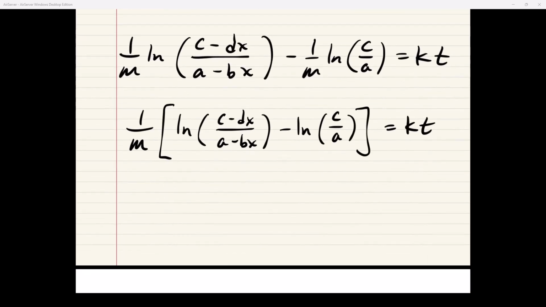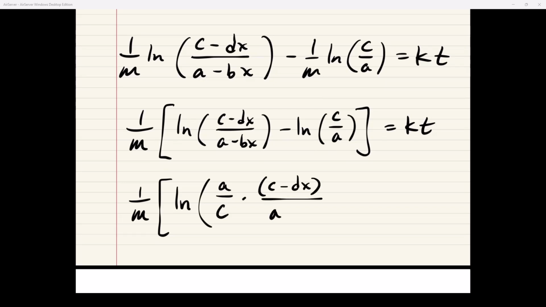I'm solving for k, but I notice that, again, I've got these two ln's here that are subtracted, so I could make it one single ln with a division, where I would be dividing by this expression. Dividing by this fraction means just use the reciprocal. So I'll write it one more step as 1 over m times the ln of, well, what would happen is you'd get A over C times (C minus Dx) over (A minus Bx).